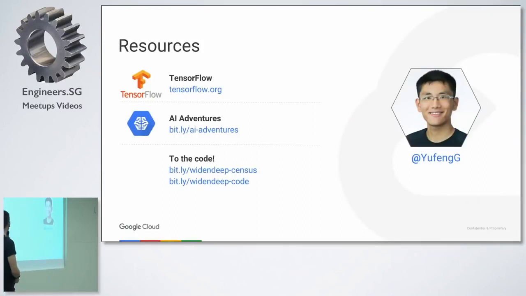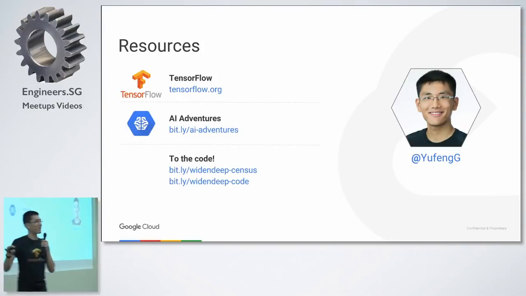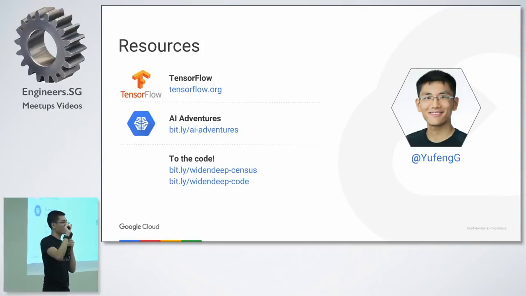Some resources, and the code that we looked at was wide and deep census. I also have an example called wide and deep code. Not the best name in the world, but basically it's the same code but for a different data set. So it's largely unchanged at the core, but the input function is different, the data processing is different, because that data set is 41 columns. It has 3 different sizes depending on how big you want to work on it. So I have a small subsample, and then the big version is up to a terabyte.